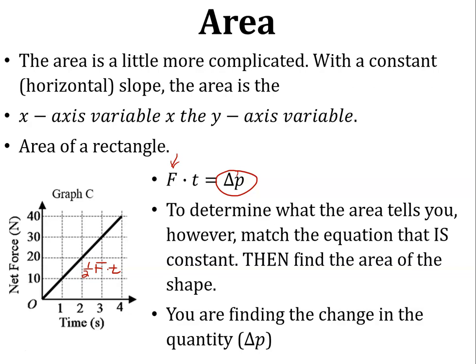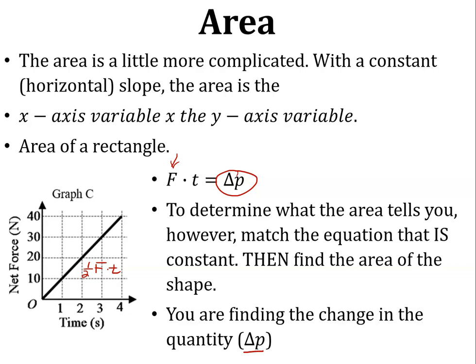So also be aware that whenever you're finding the area, you're not finding the momentum. You're finding the change in the momentum. If this was a velocity versus time graph, you wouldn't be finding the position, you would be finding the change in position, which is delta x. So whenever you're looking at the area, you're usually looking at the change in something.